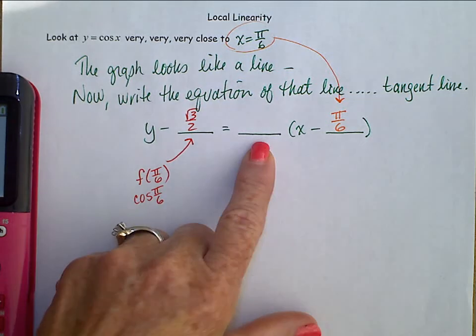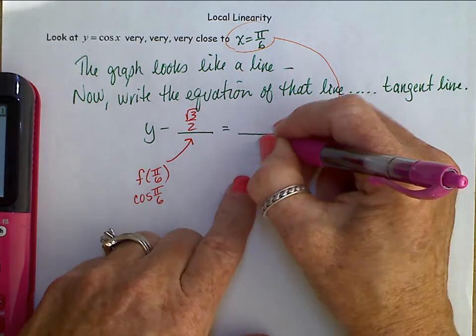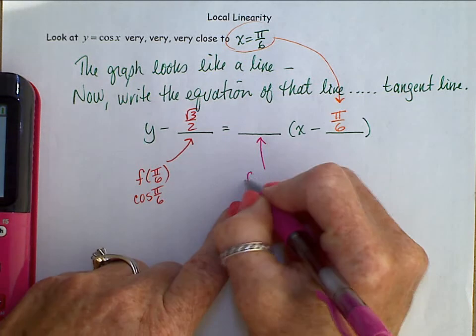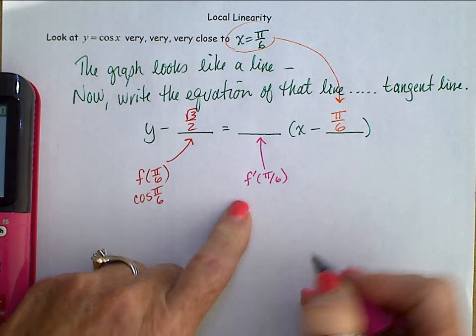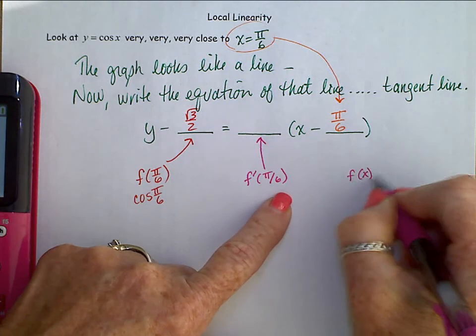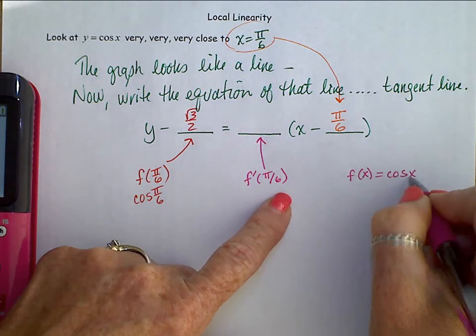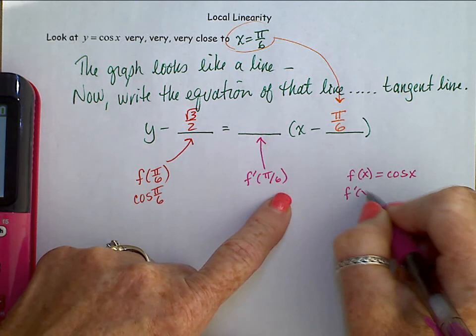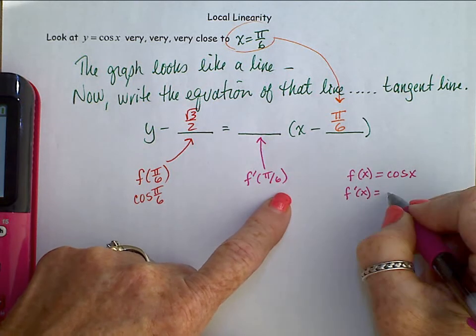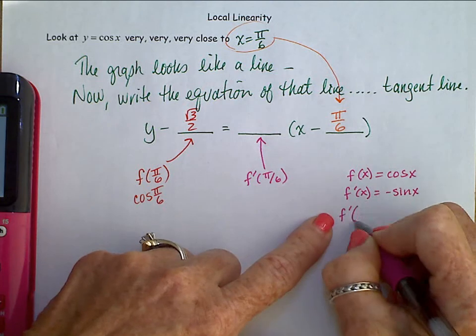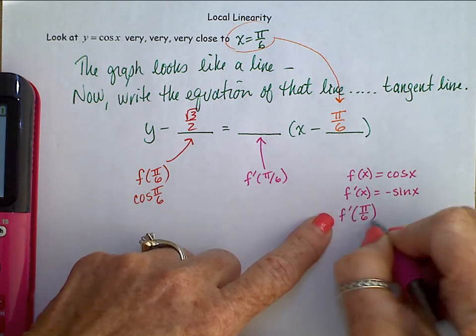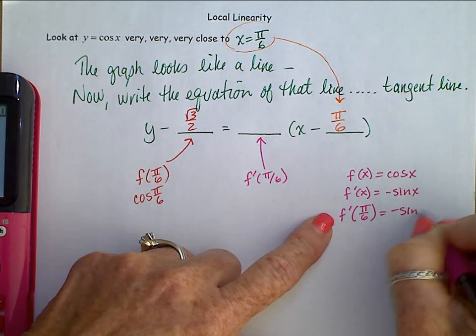Right here is f prime at pi over 6. Well, if f of x is cosine x, then f prime of x is negative sine x, and f prime at pi over 6 is negative sine pi over 6.